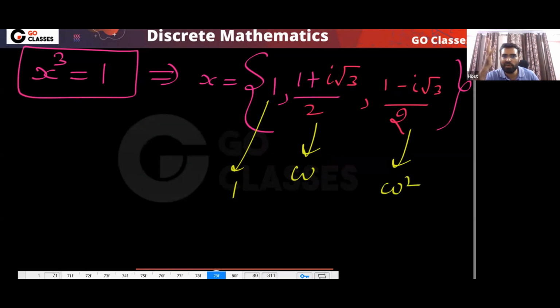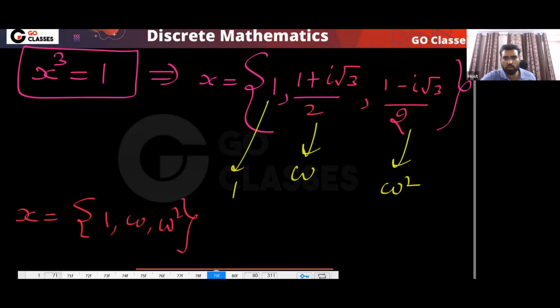Basically, one of them is written as omega, and the other is omega square. If I am writing this as omega, then the other will be omega square. This is how people write. So finally I can say that x will be equal to 1, omega, omega square.